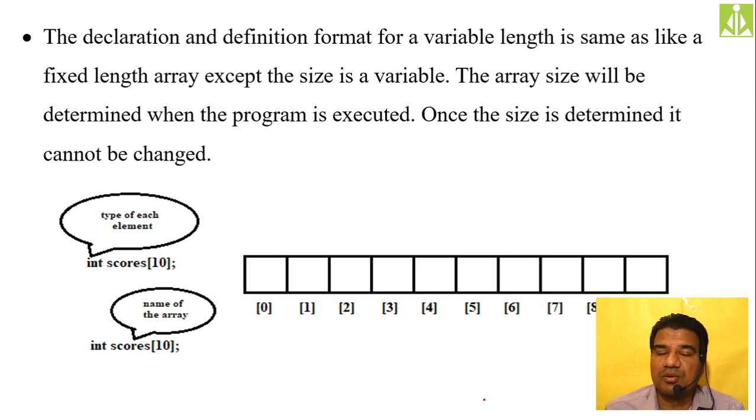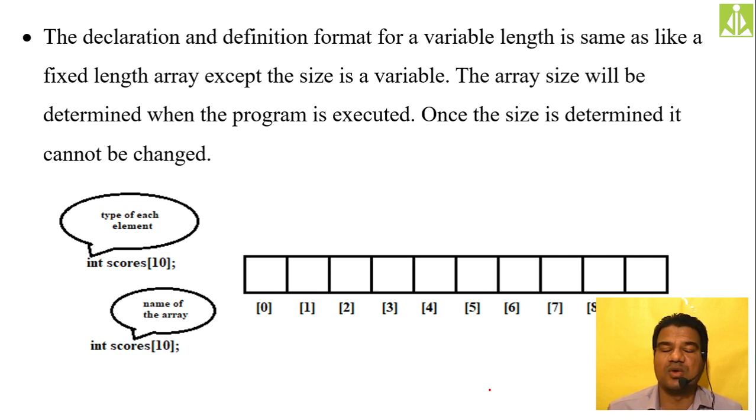When you are executing the program, at that time we will specify the array size, and in static allocation this is not possible. In static allocation you can't make the array size variable. Only in dynamic allocation can you make the array size variable; when it comes we will discuss that. For now remember, whatever array declaration and definition we are doing is static only.